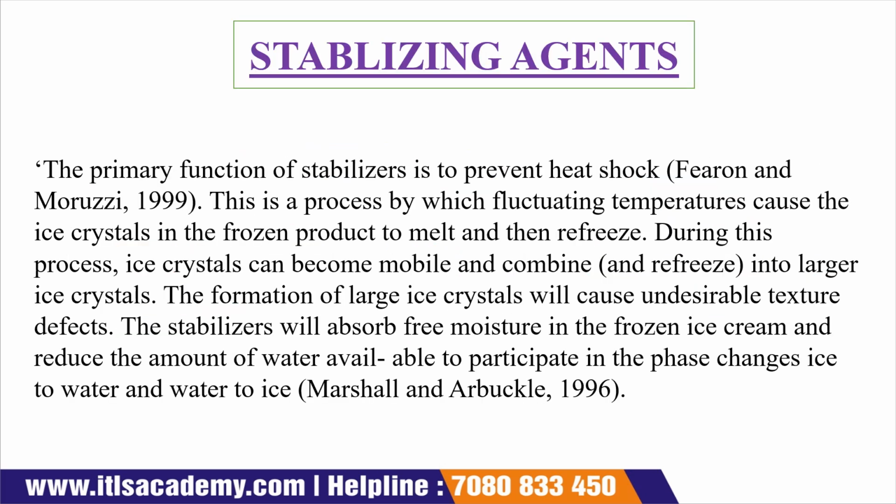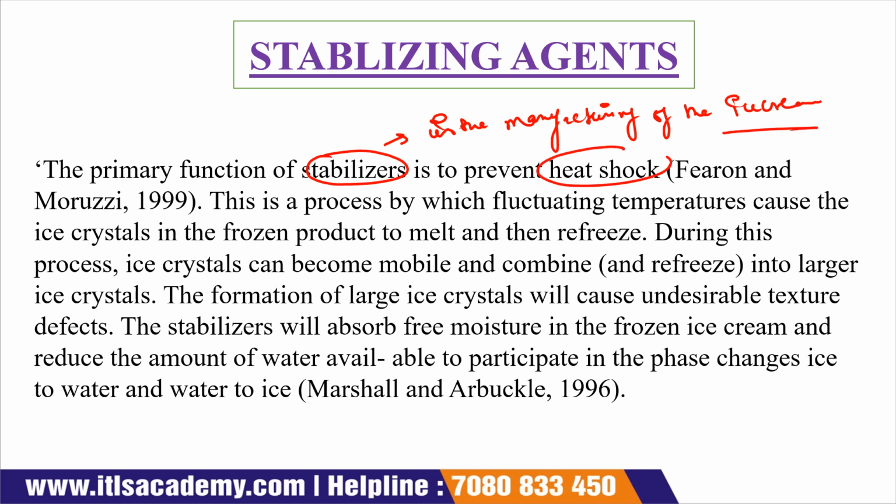The primary function of the stabilizer in the manufacturing of ice cream is to prevent heat shock. This is the process by which fluctuating temperature causes ice crystals in the frozen product to melt and then refreeze.